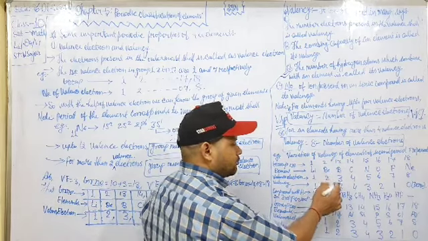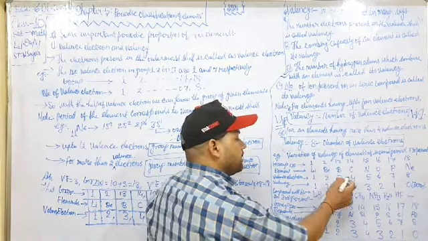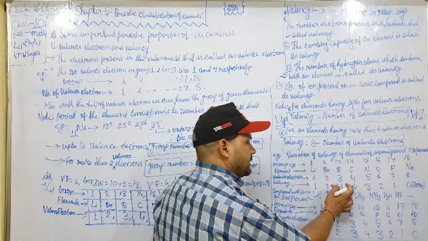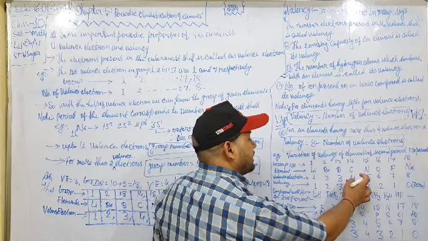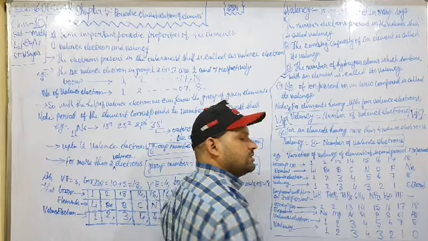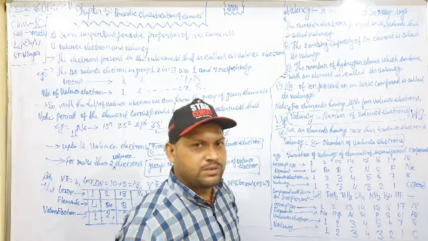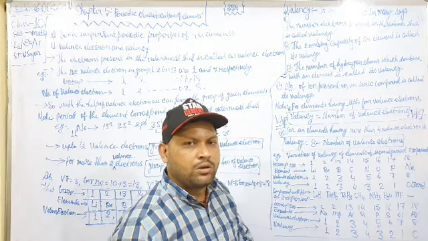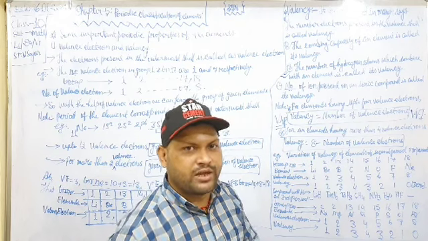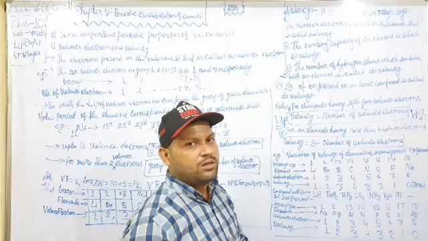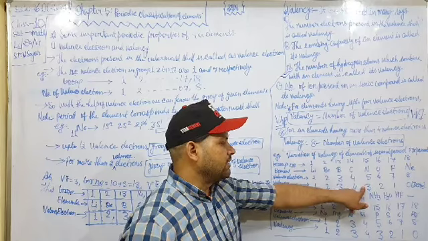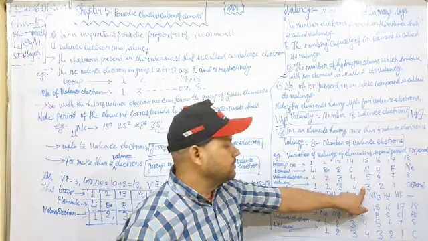Number of valence electrons is 3, valency is 3. Number of valence electrons is 4, valency is 4. Number of valence electrons is 5, valency is what? 5 is more than 4, so we should subtract 5 from 8. The result is 3, and 3 will be our valency.